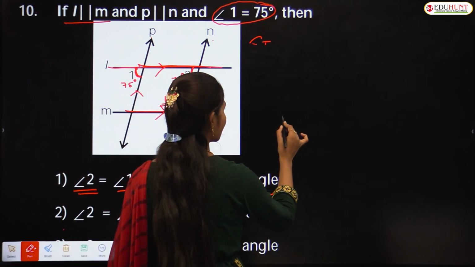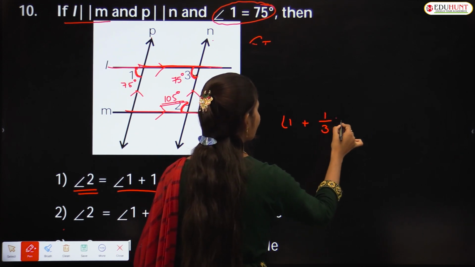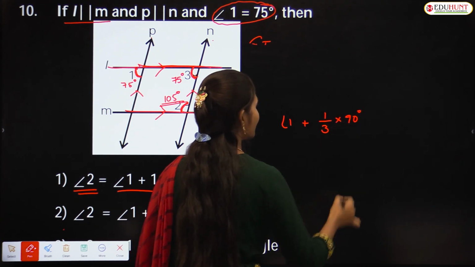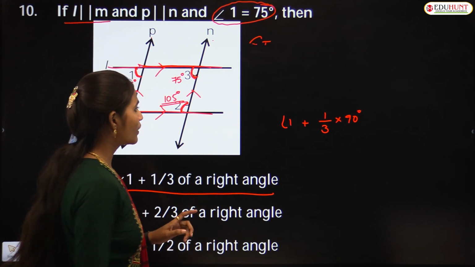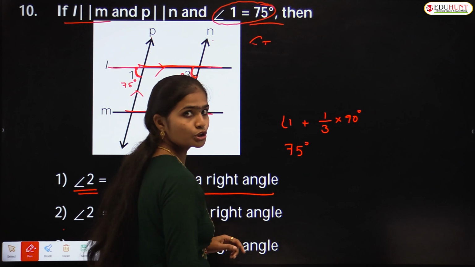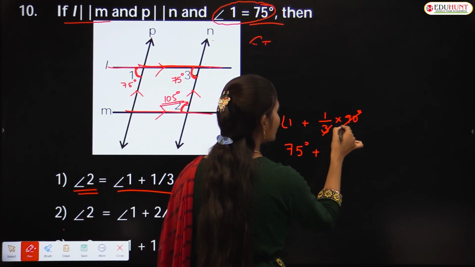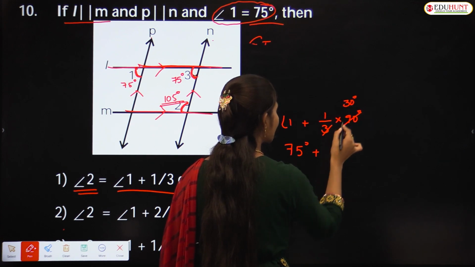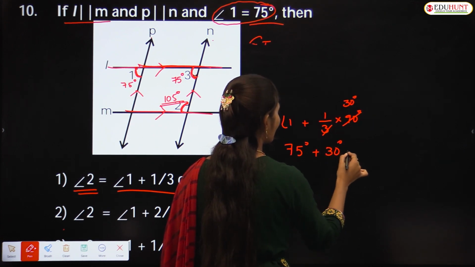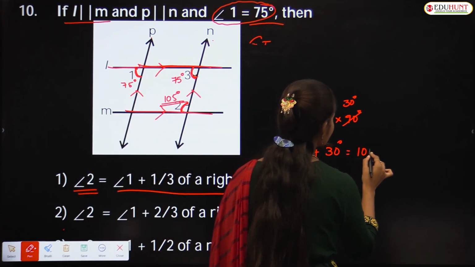So first I am going to take angle 1 plus 1/3 of a right angle. A right angle is nothing but 90 degrees. Angle 1 is equal to 75 degrees, already given in the question. So angle 1 is 75 plus 1/3 of 90, which is 30 degrees. So 75 plus 30 is equal to 105 degrees.